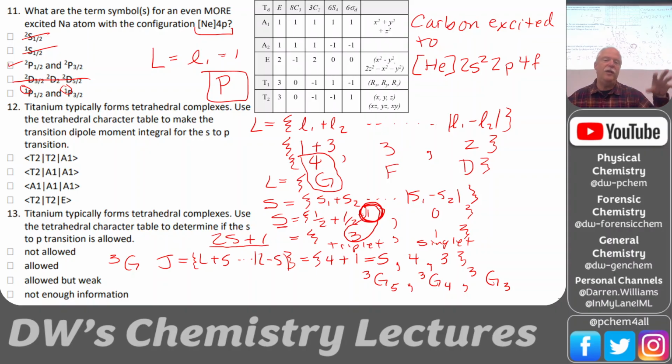So maybe we could make a set that says the multiplicities are called M or something like that, but that would just be me interjecting that, and you would never see that in the literature. So I don't know what to call multiplicity except to use the whole word. So the multiplicity is 3, but S is 1 for that. It's strange. They put letters on everything, and yet I've never seen one for multiplicity.